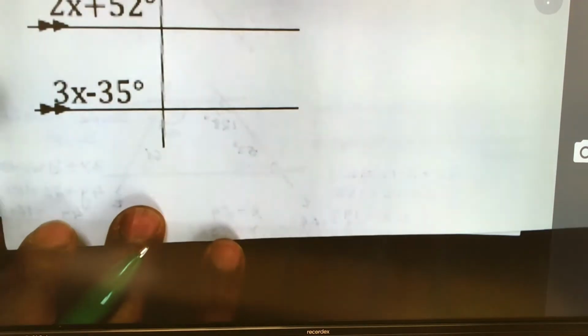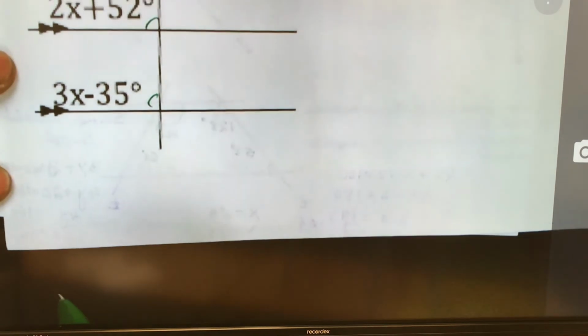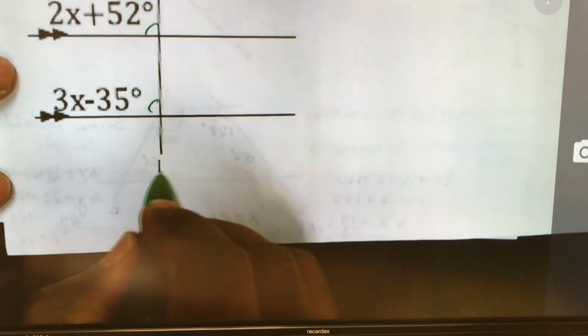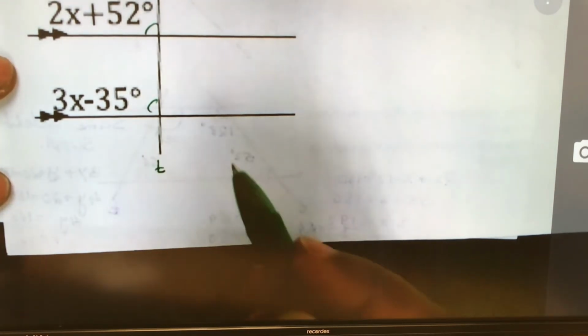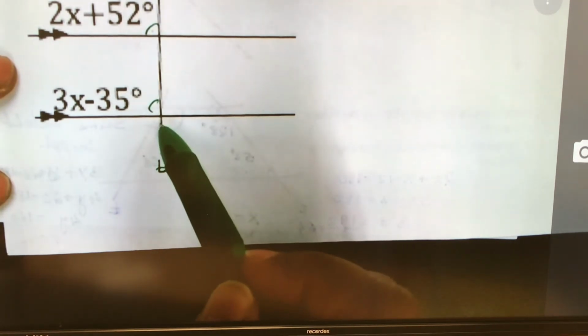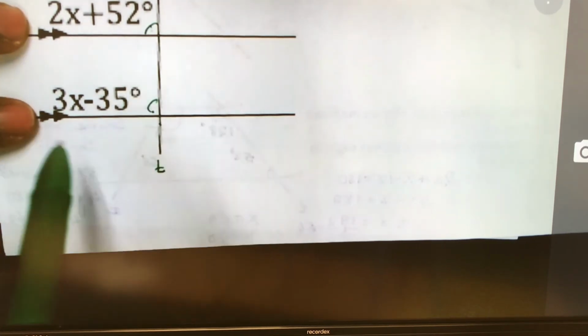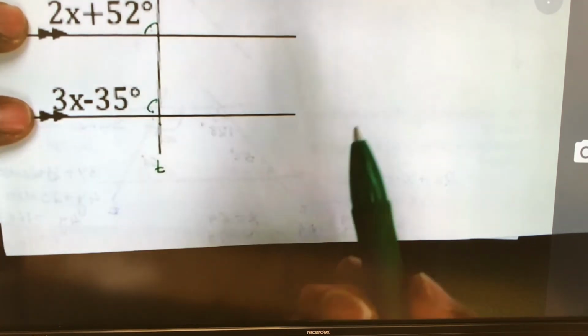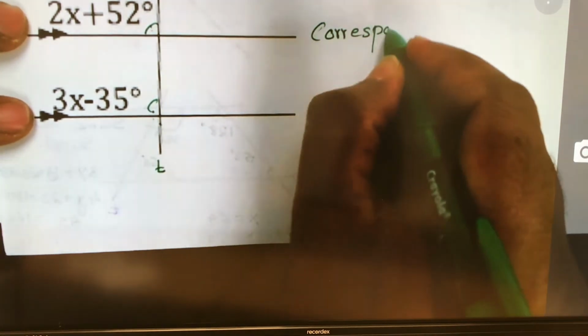First draw the angle, identify the transversal, and name what type of angle they are. So they are on the same side of the transversal. One is inside the parallel lines and one is outside. So they are in the same location. So they are corresponding angles.